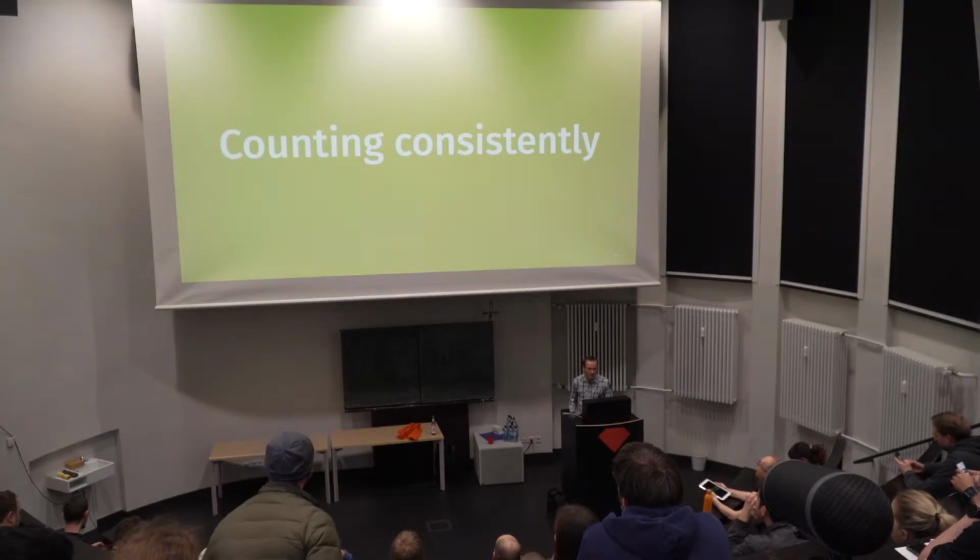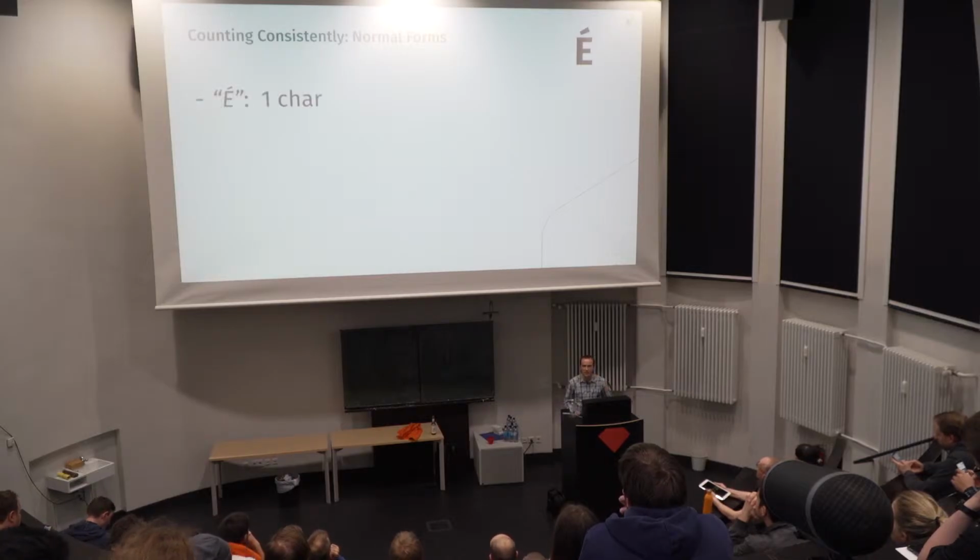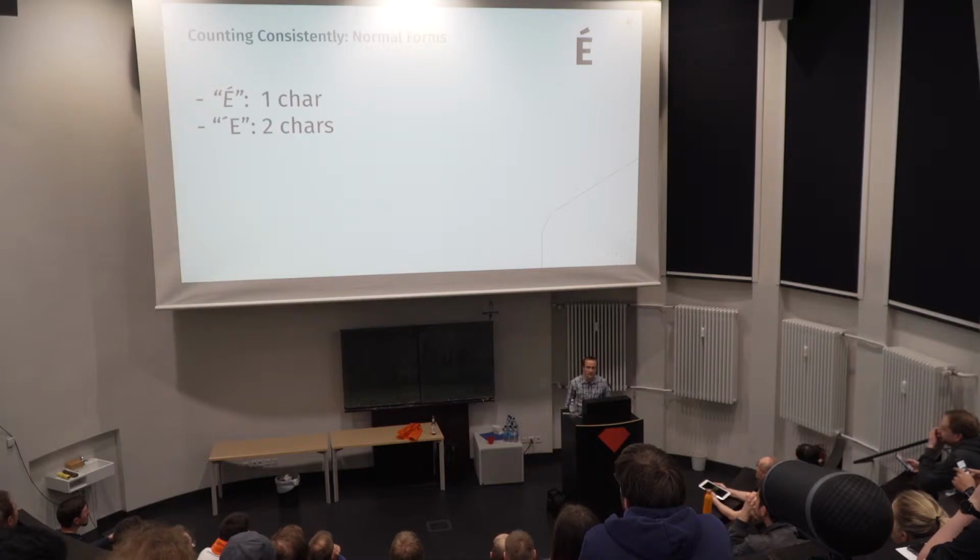So let's take a look at first this character, the accented E. Now you could say, okay, an accented E is an accented E. That's one character with an accent on top. But you could also say, okay, it's an accent and it's an E, so it's 2 characters. And that's kind of the first decision you have to make, how to count that.